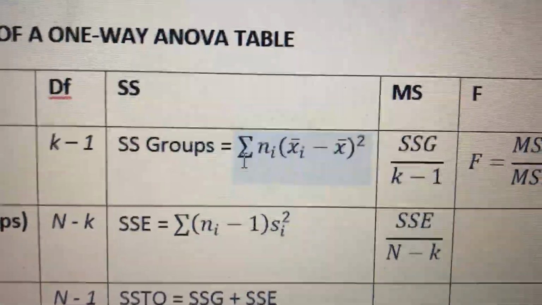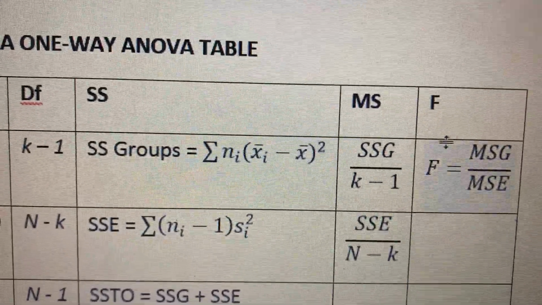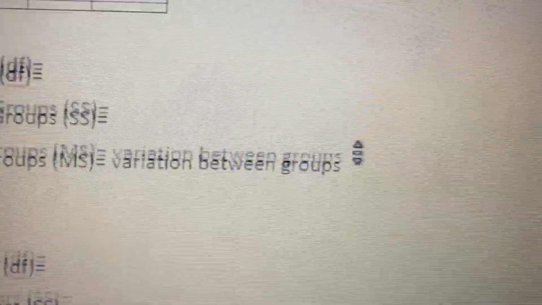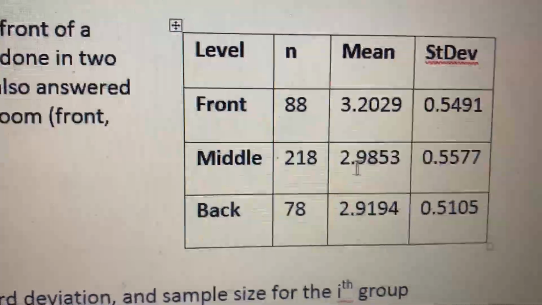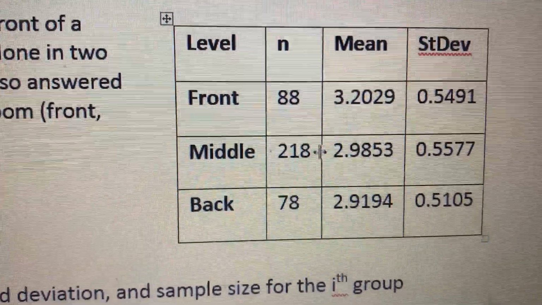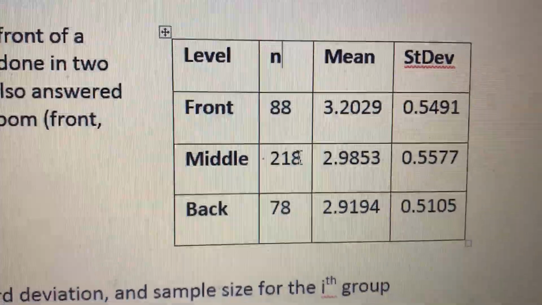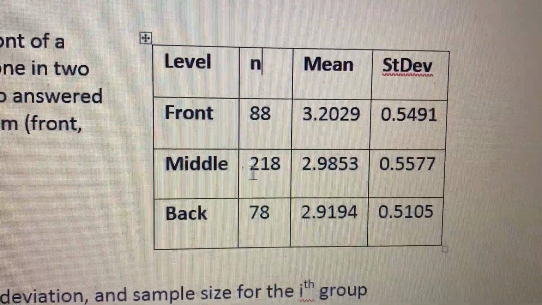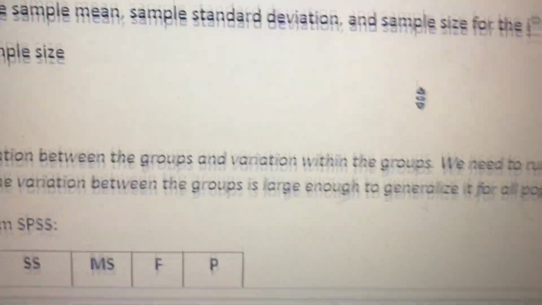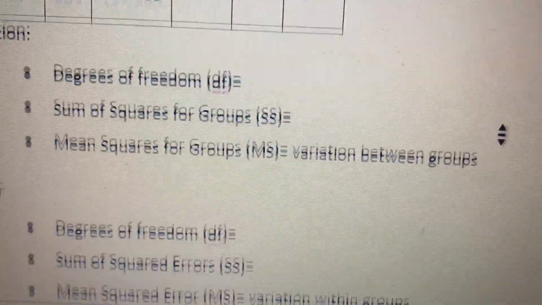This is more of a scaling factor. The reason why we have to take that into consideration is if we go back up to our data, the fact that the vast majority of people say that they sit somewhere in the middle, their collective information should mean more. So we do multiply by n sub i in this formula.